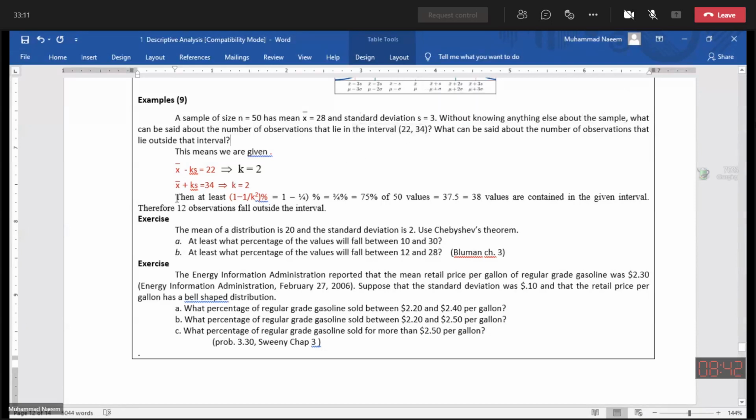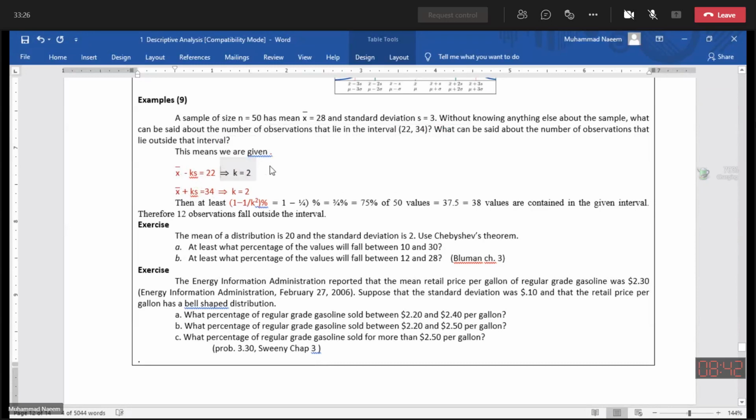Equate both the limits with the general expression of the interval, where x bar minus ks is our left hand limit and x bar plus ks is our right hand limit. Solving both, we have k is equal to 2.